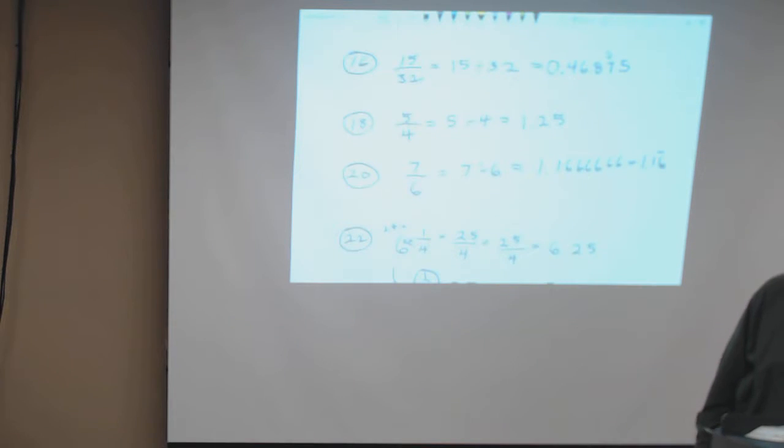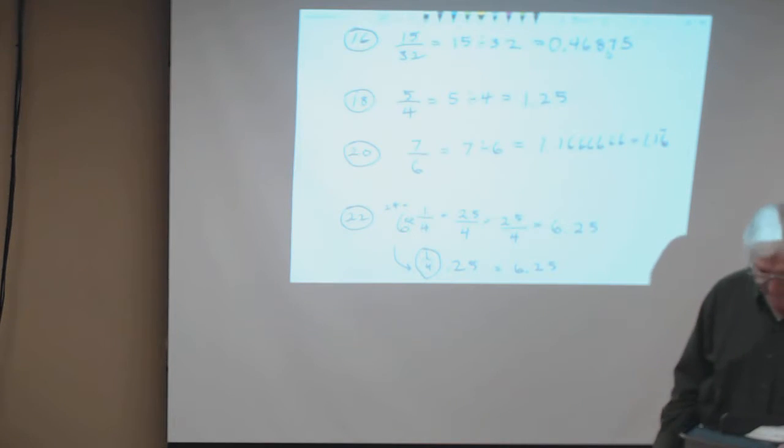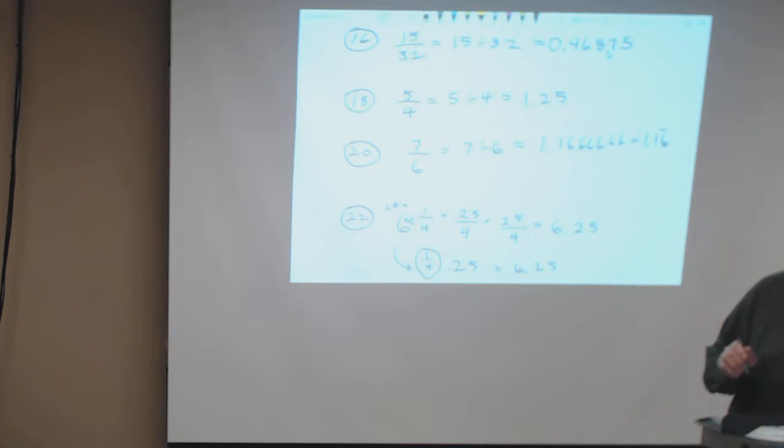Oh, number 20. We better look at number 20. Take your calculator and punch in 7, and then hit division sign, 6, hit equals, and what do you get? Do you get 1.1666 and it just keeps going? Now it depends on how many spaces your calculator has.